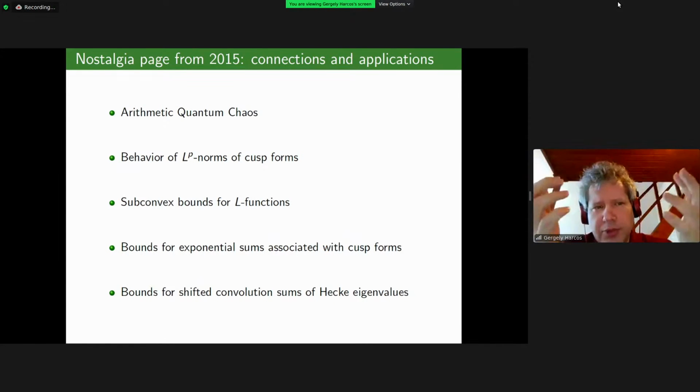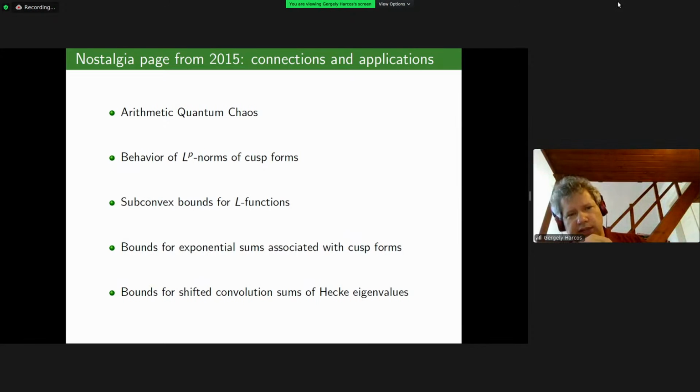First of all, the sup-norm problem addresses pointwise bounds of Hecke eigenforms on arithmetic manifolds, or more generally on arithmetic quotients of Lie groups. Pointwise bounds give rise to the sup-norm, or, when the points are restricted to a compact subset of the group at hand, the restricted sup-norm. We would like to estimate these sup-norms, the global one and the restricted one, non-trivially.